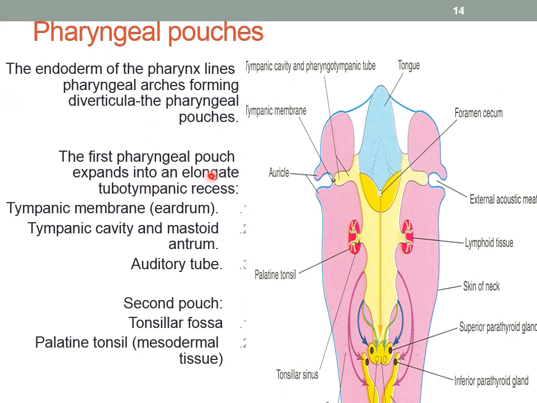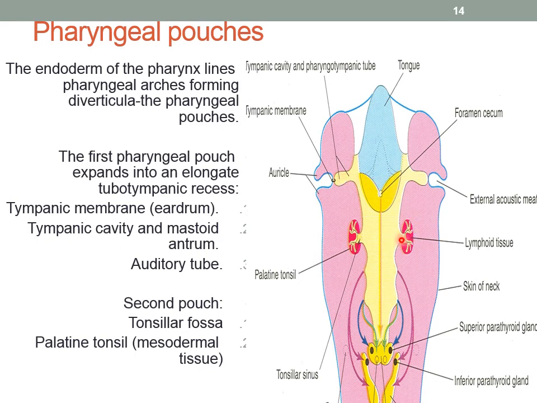The first pharyngeal pouch expands into an elongate tubotympanic recess, which will form the tympanic membrane, eardrum, and the tympanic cavity, and mastoid antrum, and also the auditory tube.